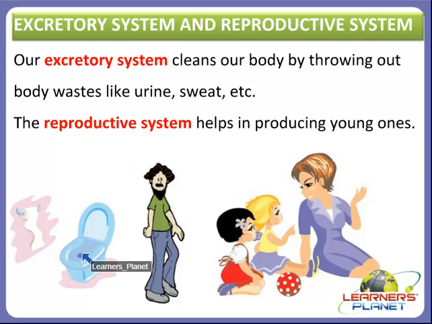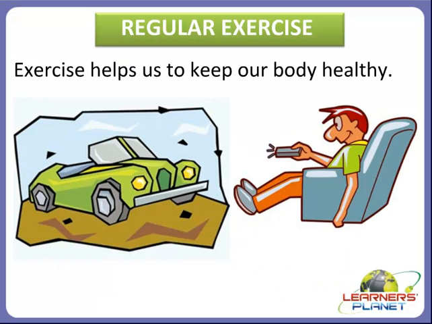Our excretory system cleans our body by throwing out body waste. And what is the reproductive system? The reproductive system helps in producing young ones like us. Can you see this in the picture? Okay, children. So I hope you are clear with all the systems.